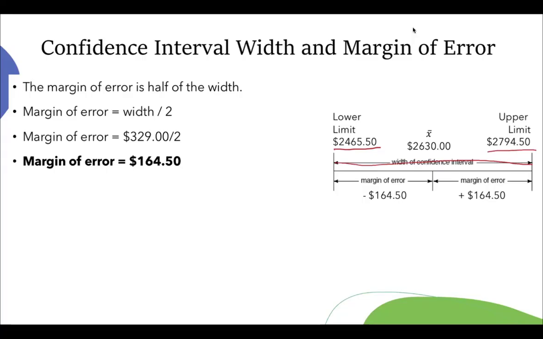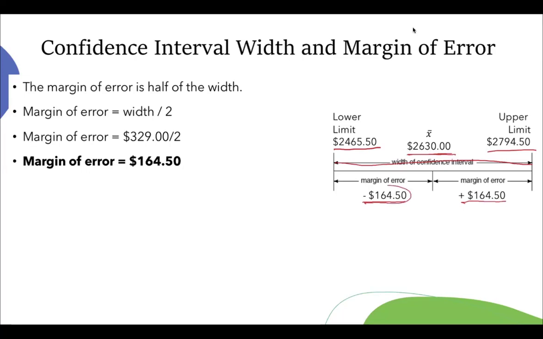On the left side of the point estimate, we're subtracting 164.5, and on the right side, we're adding 164.5.